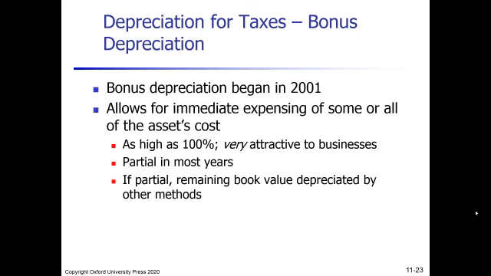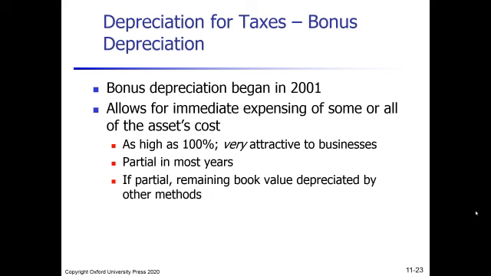And so what the government typically allows you to do is to depreciate that asset over time based upon its expected useful life. We saw various methods for doing depreciation, but one thing to talk about here is what's known as bonus depreciation. Bonus depreciation allows you to use some portion, even as high as 100% of the cost basis of that asset, as though it were a regular business expense that could be expensed on a tax return in the very first year it was in service.